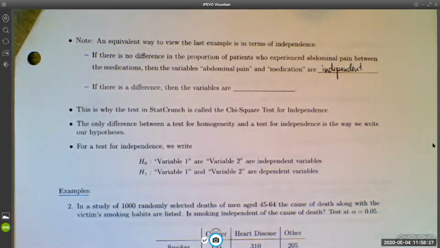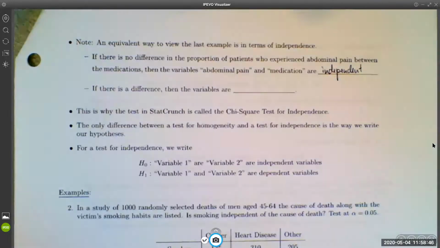The probability of one occurring doesn't change the probability that the other occurs. So if changing your medication doesn't change the probability with which you will experience abdominal pain, then abdominal pain and medication are independent, right?